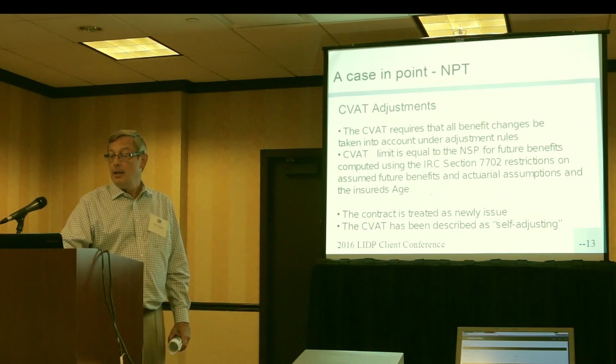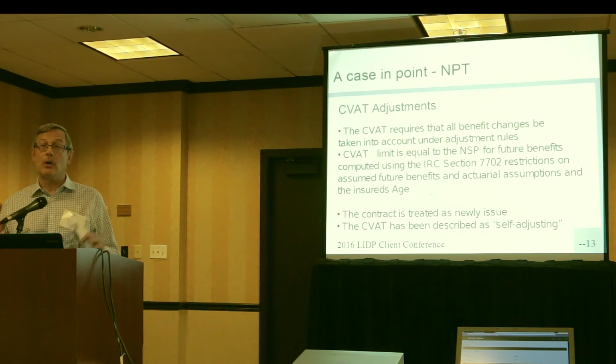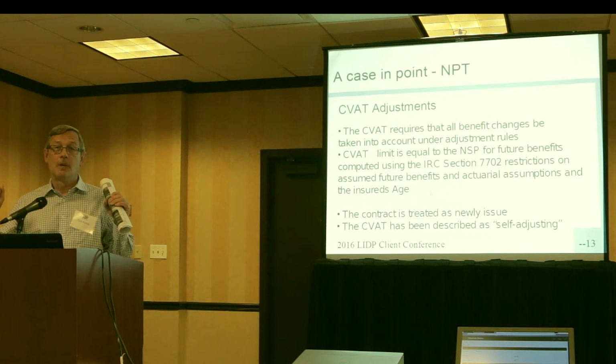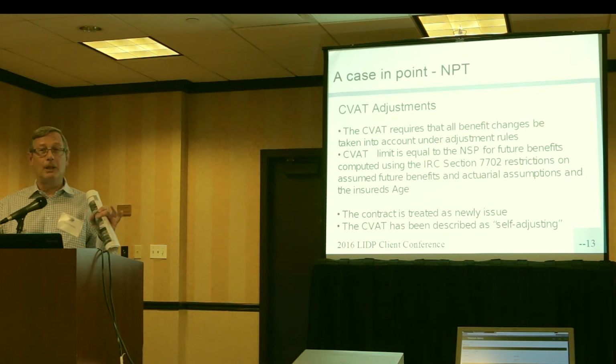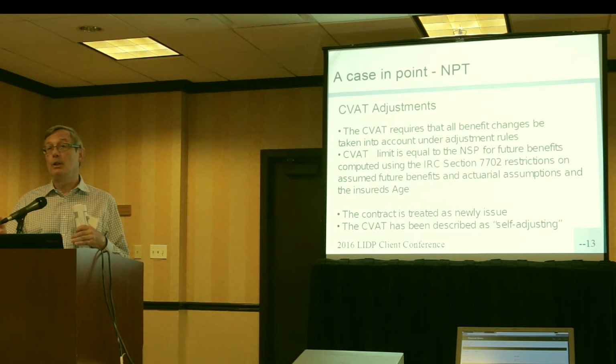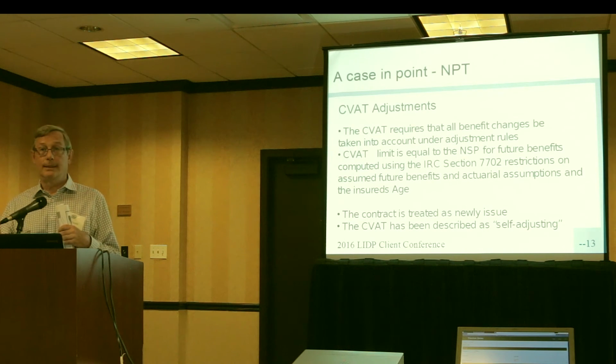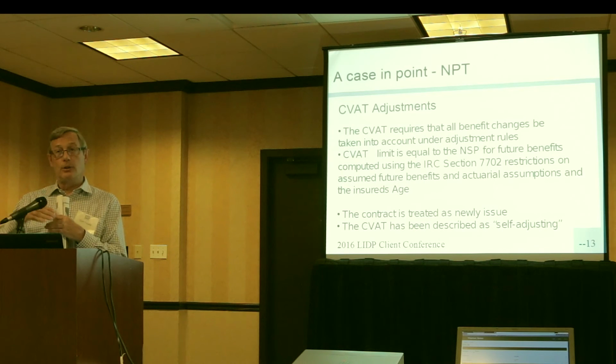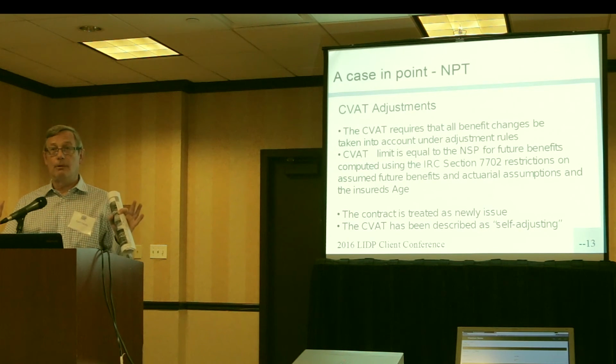CVAT. So CVAT has been described as self-adjusting. And so what companies have been doing, not understanding fully the regulation, is that if you put enough cash value into the policy, it's going to cause a corridor increase. And the self-adjusting part is you increase it, and now you're within the regulation. That's not technically true, right?